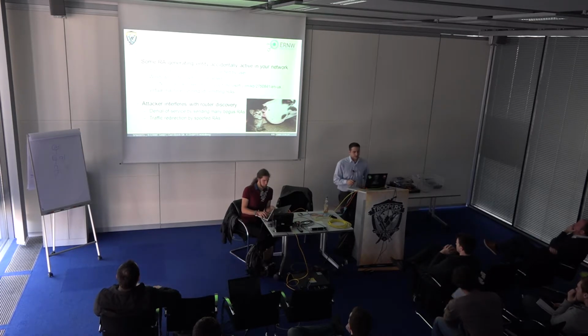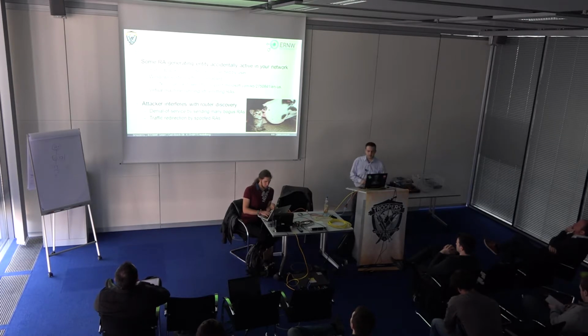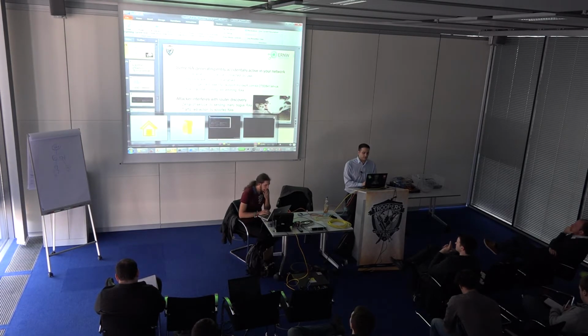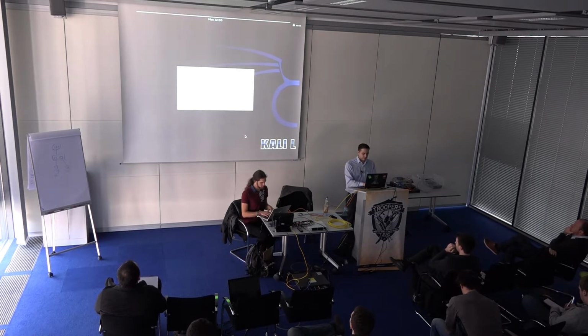So let's just start with the traffic redirection by spoofed RAs. And as you can imagine, there's, of course, another tool inside the THC IPv6 toolkit for that. Oh, the resolution of the beamer is awful.